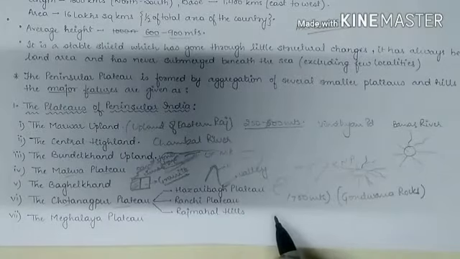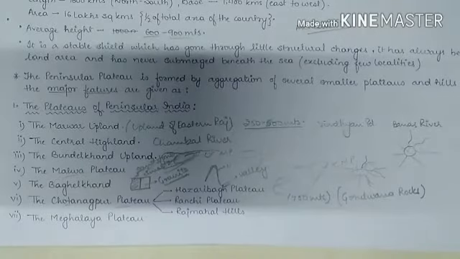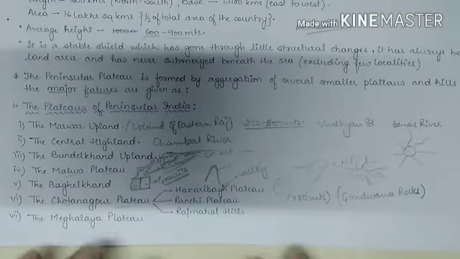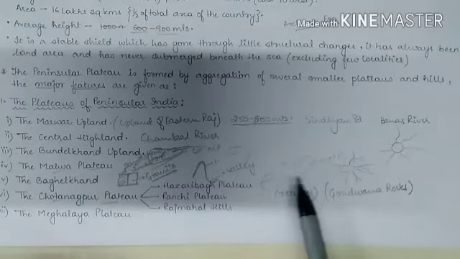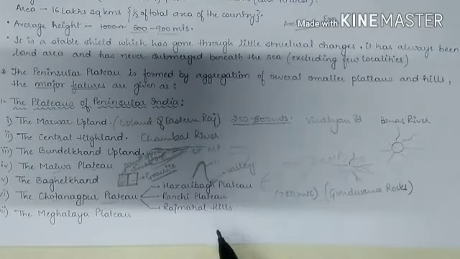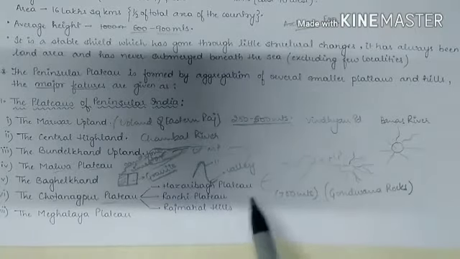Now this plateau has isolated hills in the east, which rise up to 1366 meters. This area is mainly made up of granite and gneiss, while the hills have quartz rock. And this area mainly looks like a peneplain because of large scale erosion.